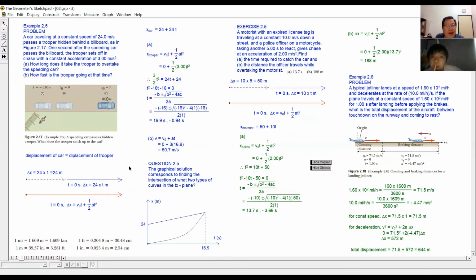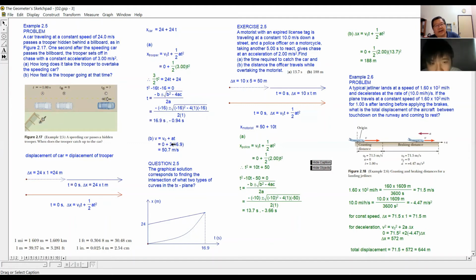No, sir. So finally, the last part. How fast is the trooper going at that time? We want to know the final velocity. When he catches up with the car, what is the final velocity? So we use this equation. V equals to V naught plus AT. V naught, the starting velocity of the policeman is 0.